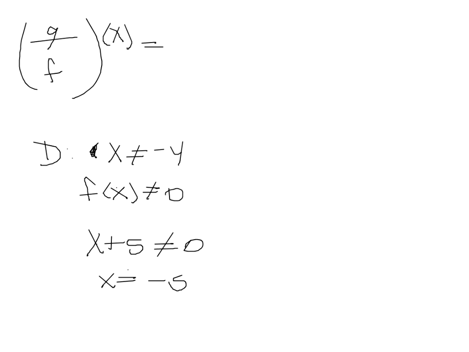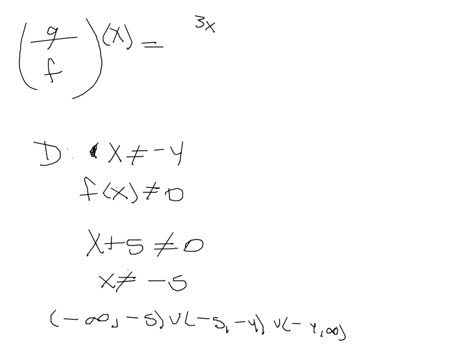So if x is equal to minus 5, then we get division by 0. So our domain for g over f becomes minus infinity up to minus 5, minus 5 to minus 4, minus 4 to infinity.